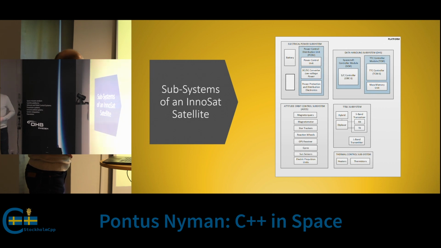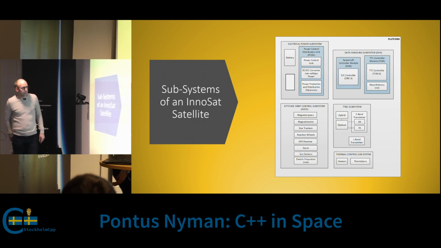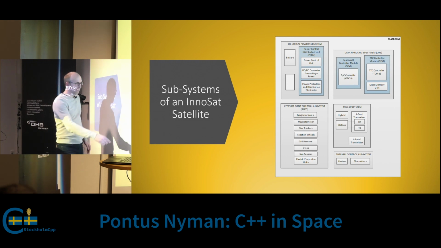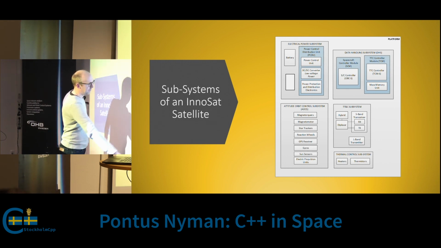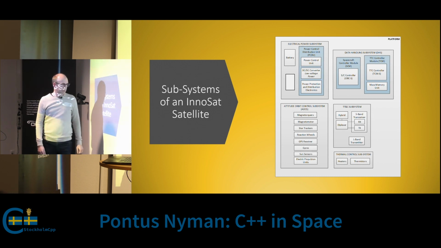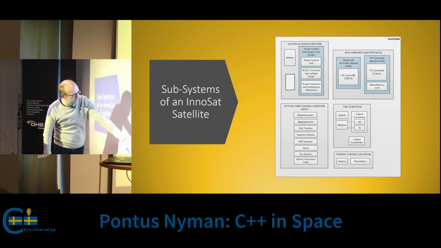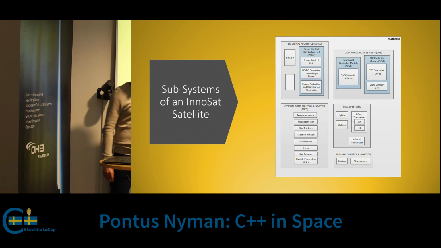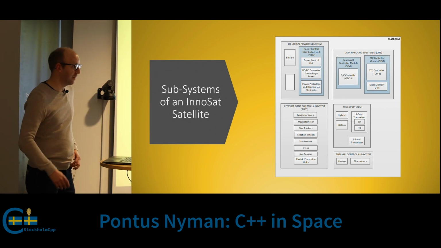And then you have this quite large subsystem that we call AOCS, the Attitude Orbit Control Subsystem. This is all the devices that we need to actually control the satellite.